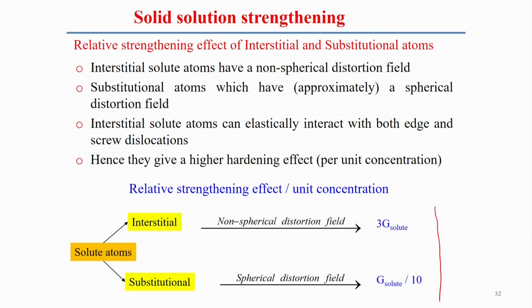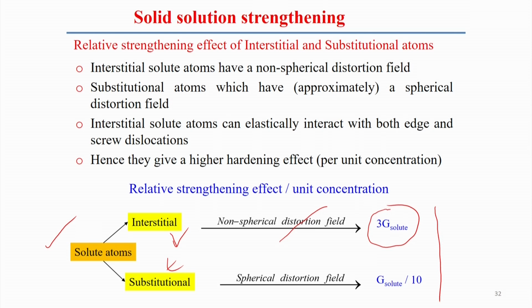If we look at the diagram in this figure, the solute atoms may be interstitial or substitutional, both types, but interstitial has a non-spherical distortion field. If you see the relative strengthening effect with respect to unit concentration, in the presence of interstitial solute atoms the strengthening effect is more, almost 3 times G. This is just an approximate calculation.